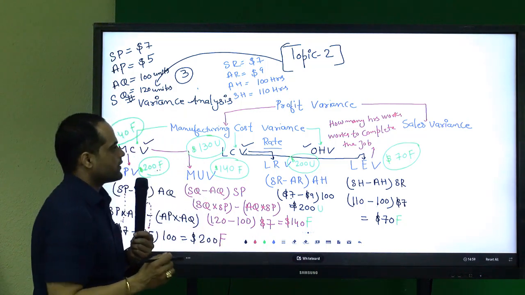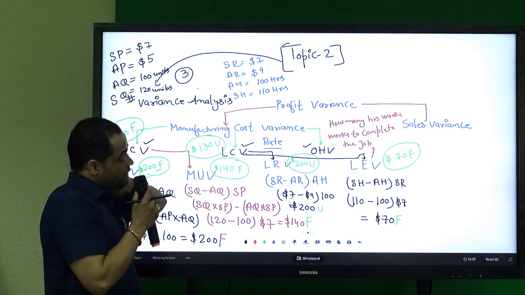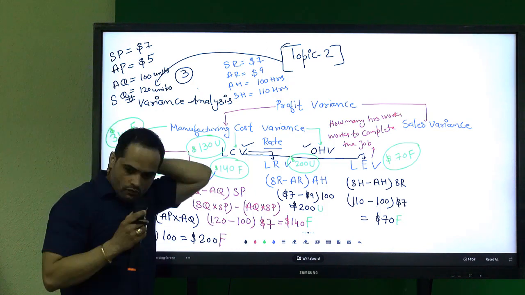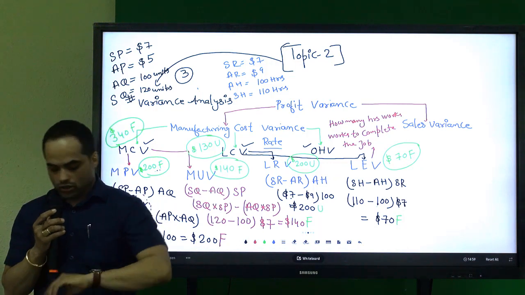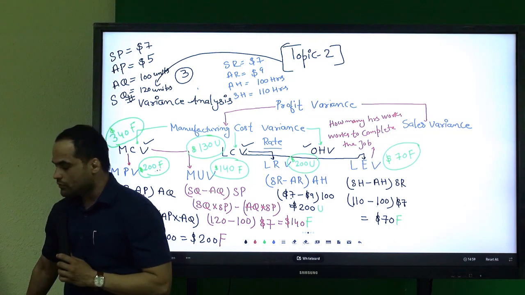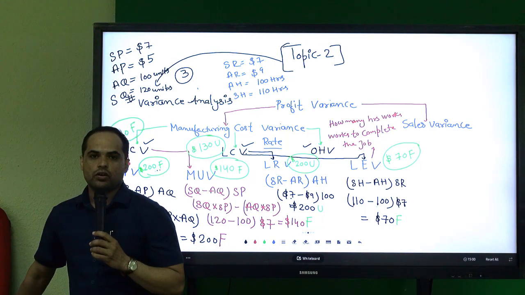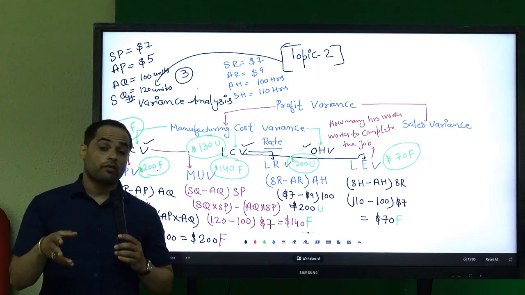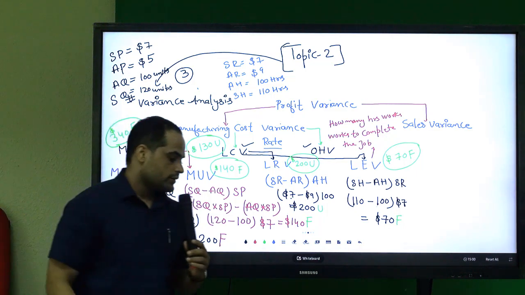Overhead variance. I don't have enough space to write overheads on the next sheet, so I'll write overhead cost variance. Overhead, of course, is a total overhead, and total overhead is a combination of two kinds of overheads: variable overheads and fixed overheads.